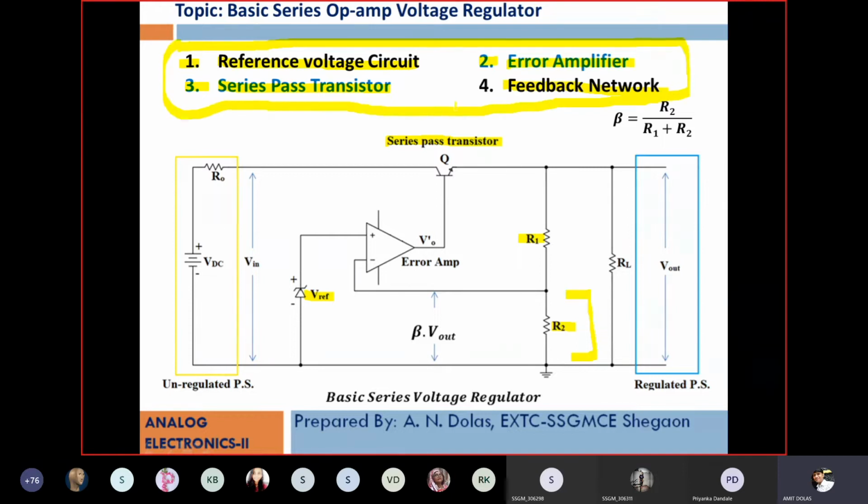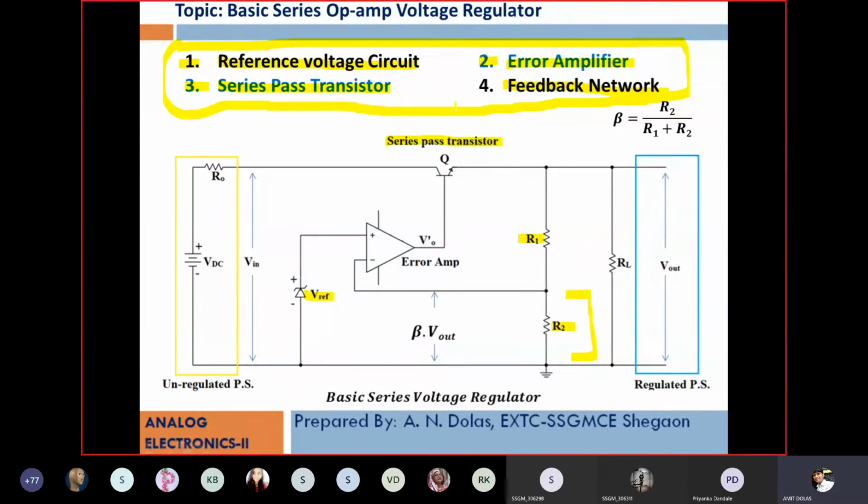I'll repeat that. First is the reference circuit, another is the error amplifier, another one is the series pass transistor, and another one is the feedback network. The error amplifier is not necessarily an operational amplifier; as we are learning operational amplifiers, that's why it is an operational amplifier here, but it is not necessary.